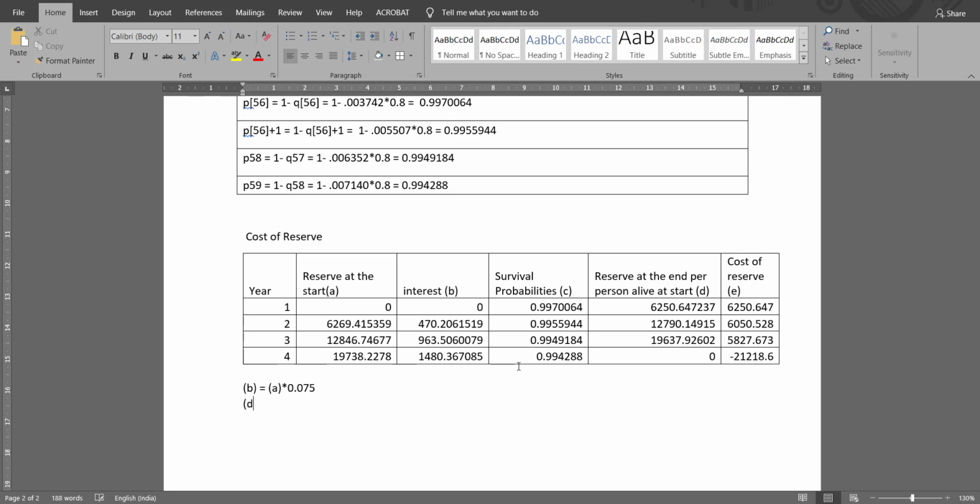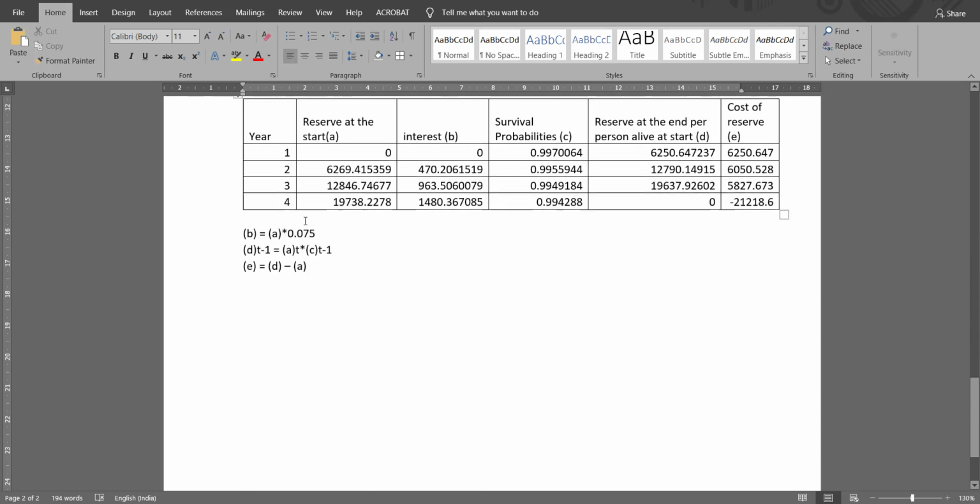Your D for year T minus 1 is equal to your A for year T times your probability of survival, so C for year T minus 1. And your cost of reserve, that is E, is nothing but the reserve you need, that is D, minus the reserve you have, that is A. Okay, so this is how you work it out.